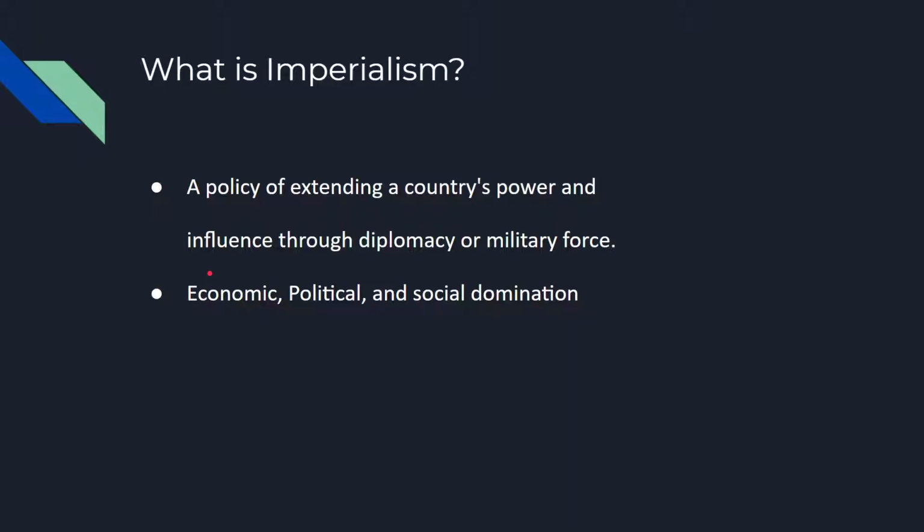Both how did they dominate countries economically, so through their money systems and their trading, how they dominated politically, that is, exerting direct political control over other countries, forcing them to do what the mother country wants them to do, or their social domination, where we can reshape your social systems to make it benefit us.